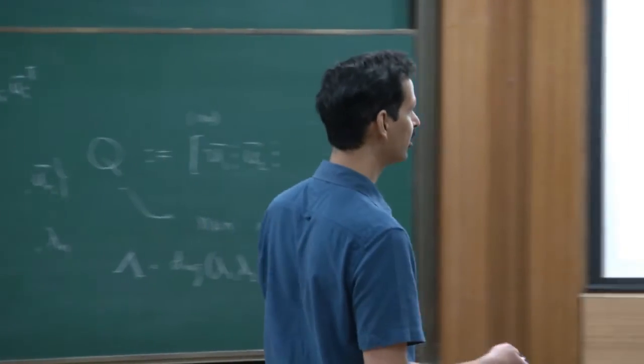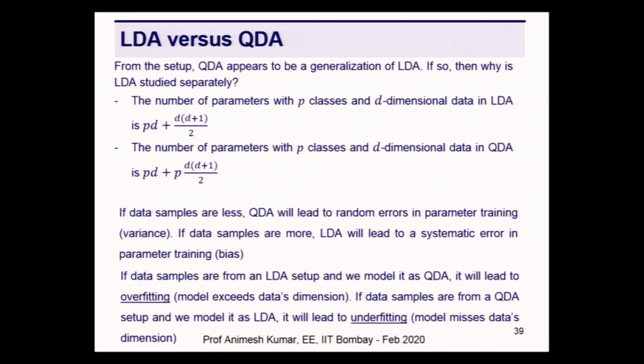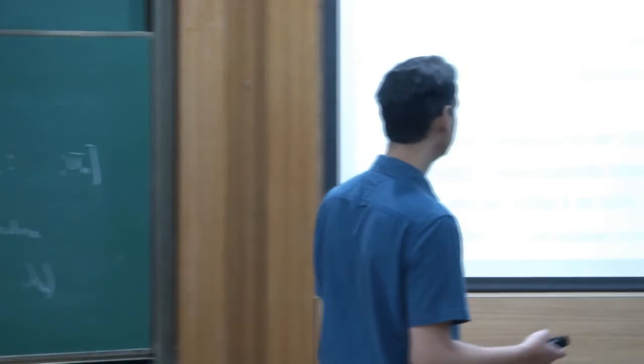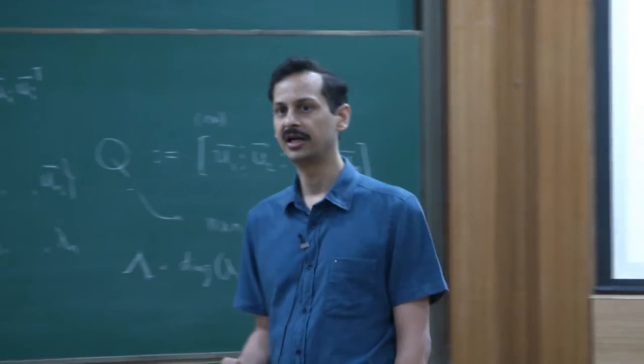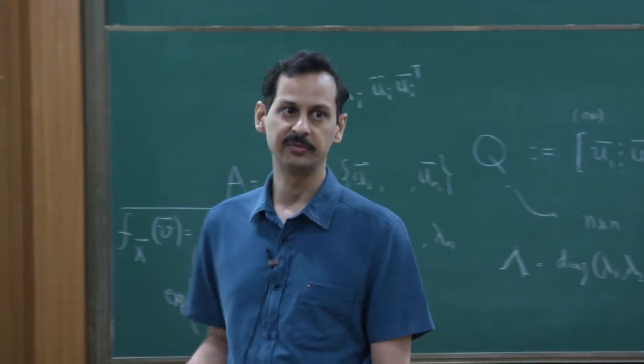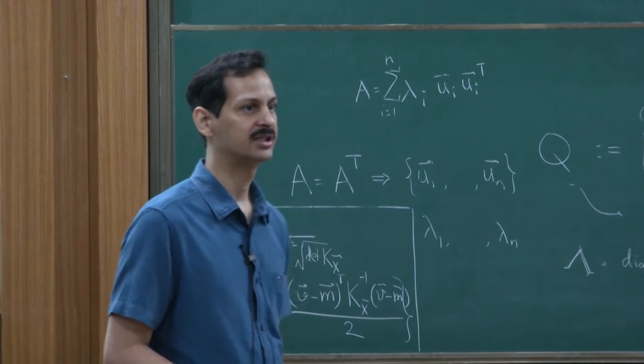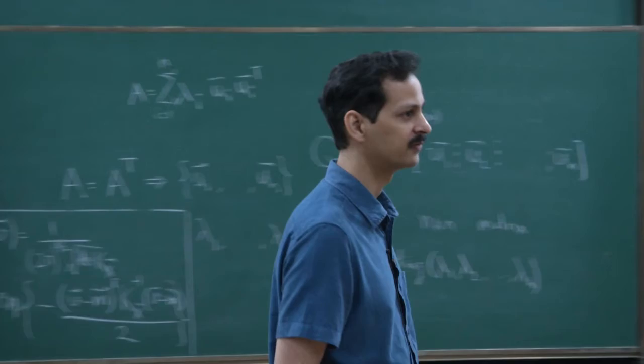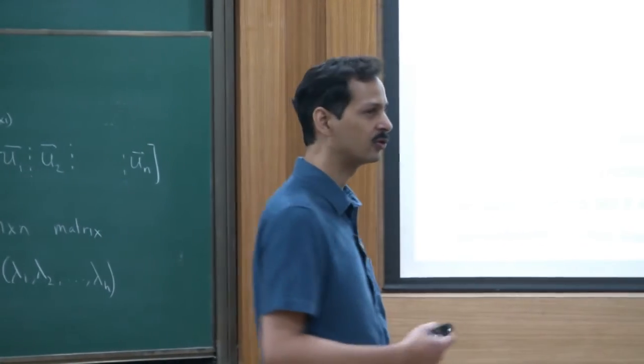So what this will do is, it will create 3 different covariances for the 3 different classes, when there should have been 1. So what I'm doing is fitting the ground truth by a larger description. The ground truth had only a single description, 1 covariance sigma, and I'm fitting it by having 3 different covariances, sigma 1, sigma 2, sigma 3. That's called overfitting. So basically, I'm overdoing the amount of fitting on the ground truth, and that's because I don't know the ground truth.